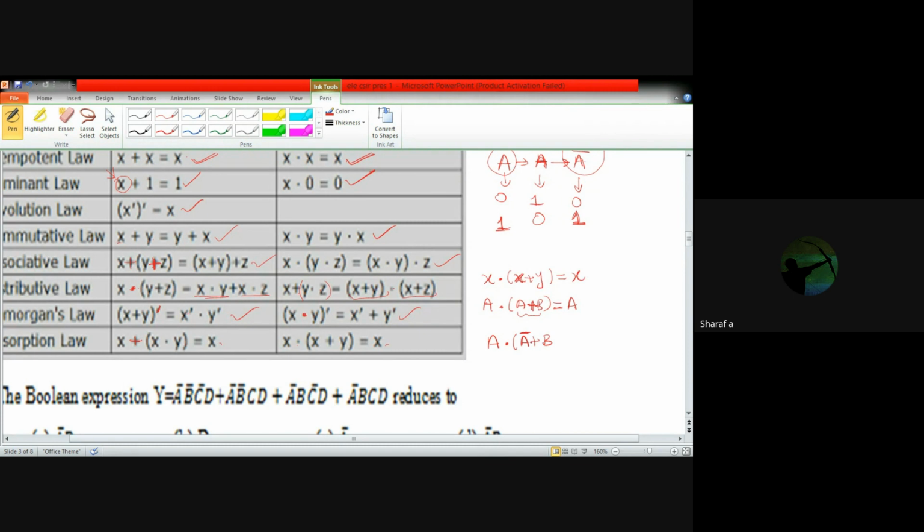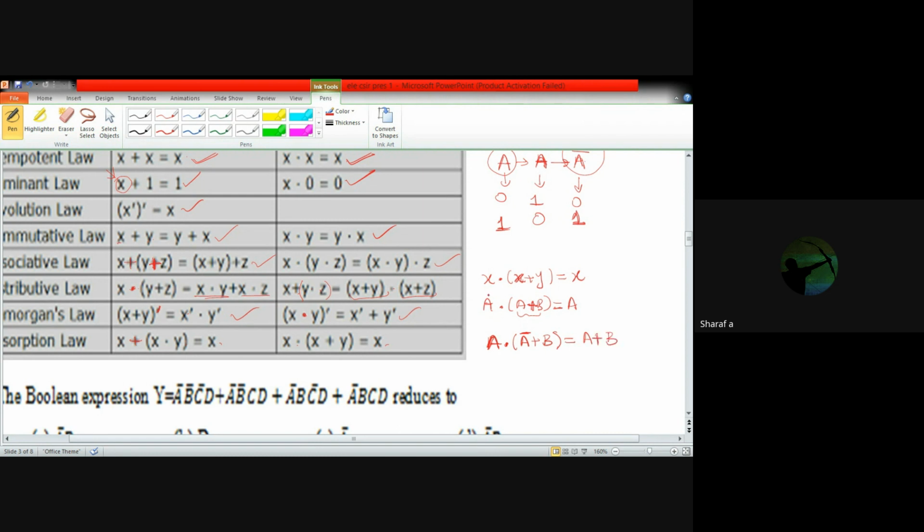Here the variable you are taking the product with is A, and inside the bracket you have the complement of the same variable, added with B. So inside the bracket you have the complement, outside the bracket you have the variable in its original form. In this scenario, the output will be A plus B.